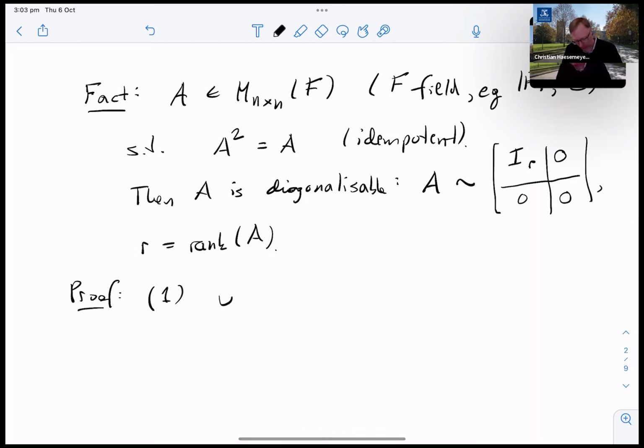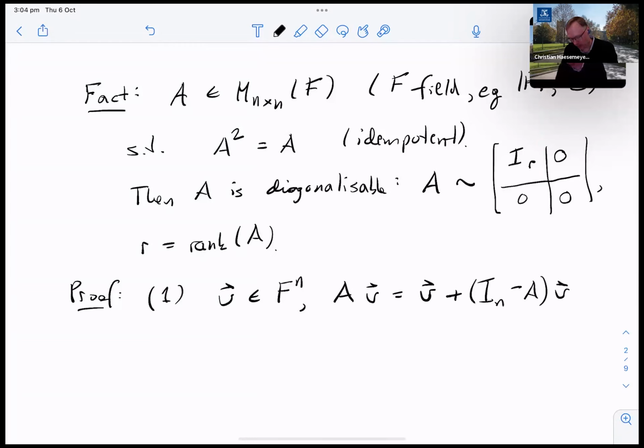So suppose you have any vector v in F to the n. Then, of course, it is true that Av can be written as the sum of v plus (A minus the identity matrix) times v. Okay, that's clear.